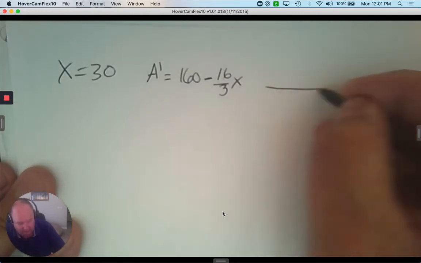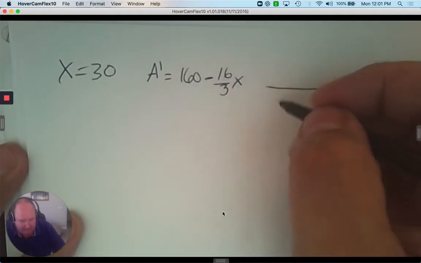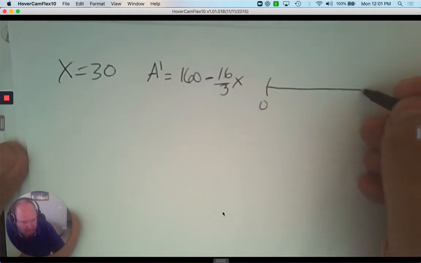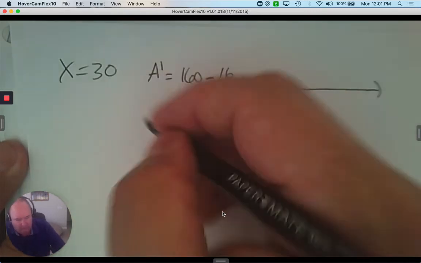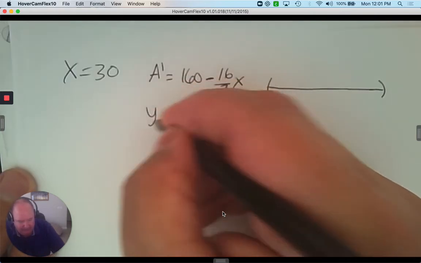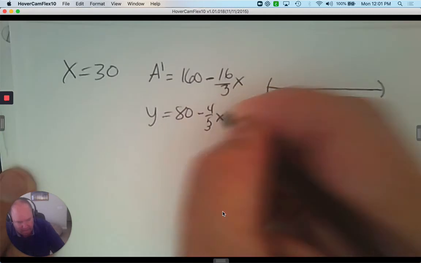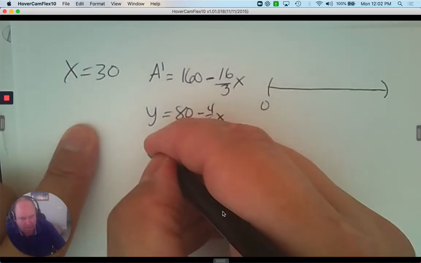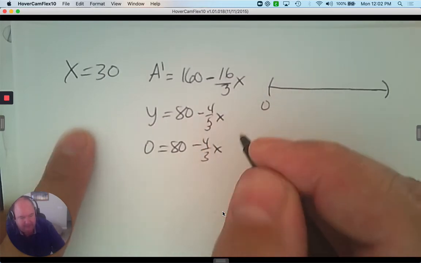I need to do a number line. So we know that x can't be 0, but do you know the other end of the domain restriction? So we also found this equation. We said that y is equal to 80 minus 4/3 x, right? Y also cannot be 0. So I need to make it equal to 0 to find the other restriction.